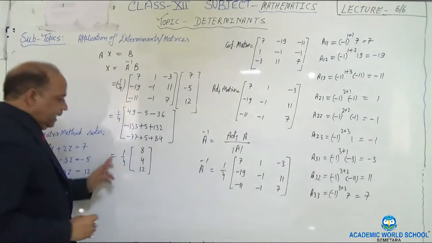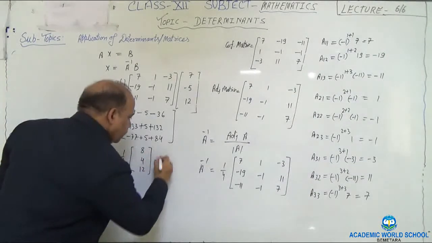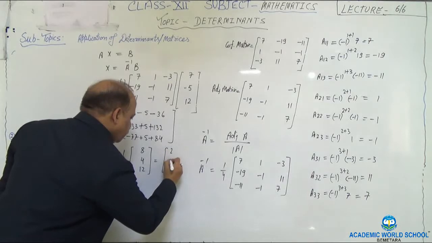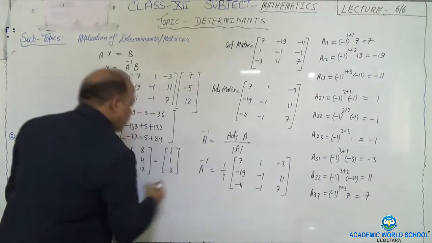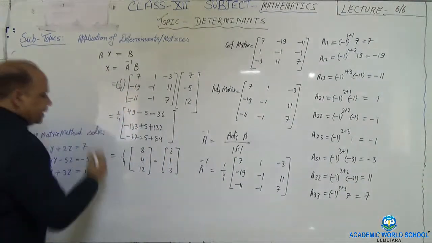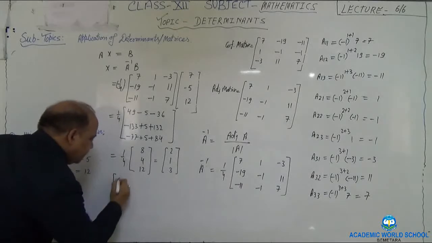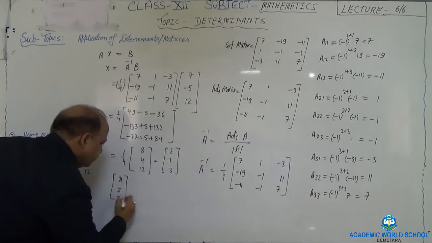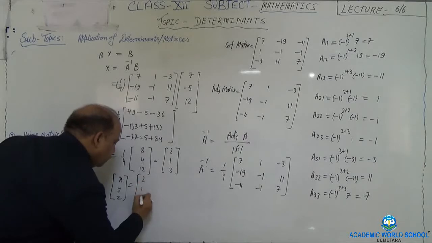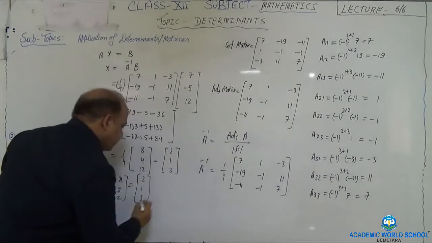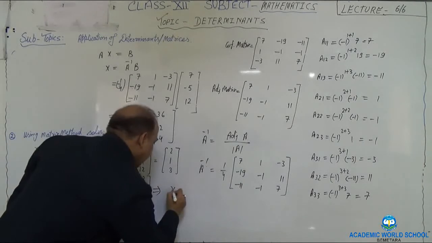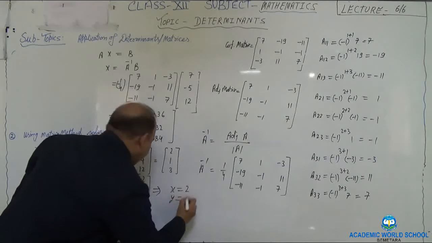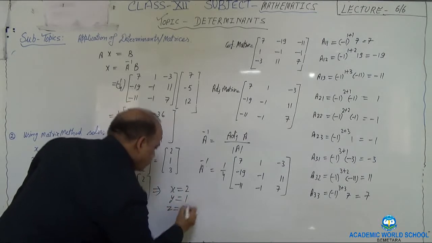So we got this. If I divide by 4, you are left with 2, 1, 3, and this is equal to this matrix. So basically we are getting x, y, z equal to 2, 1, 3. If I compare these, x is equal to 2, y is equal to 1, z is equal to 3.